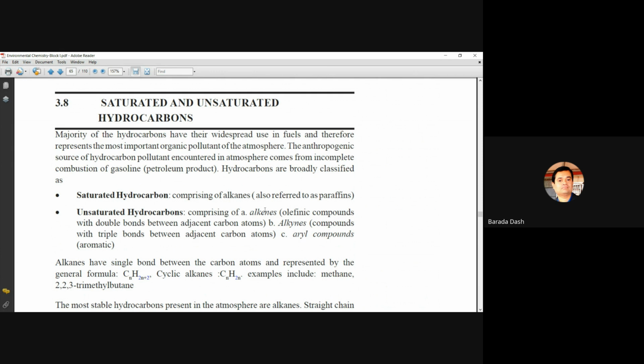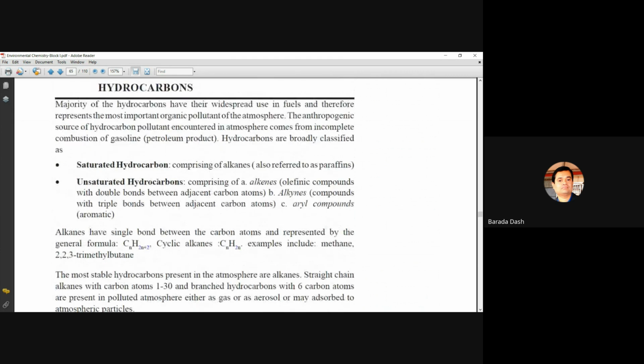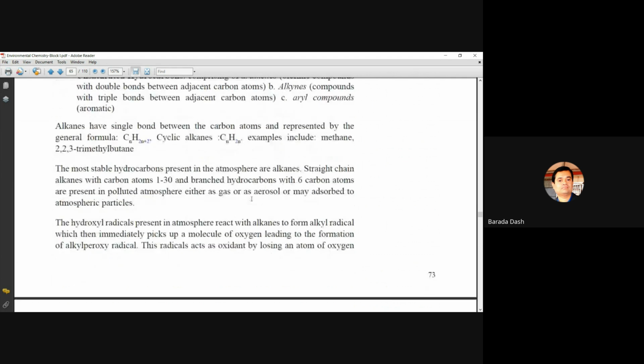Hydrocarbons are broadly classified as saturated hydrocarbons and unsaturated hydrocarbons. Saturated hydrocarbons have no double bonds or triple bonds. Unsaturated ones have alkenes, alkynes, with carbon-carbon double and triple bonds. In the general formula, CnH2n is the alkane, cyclic alkane.